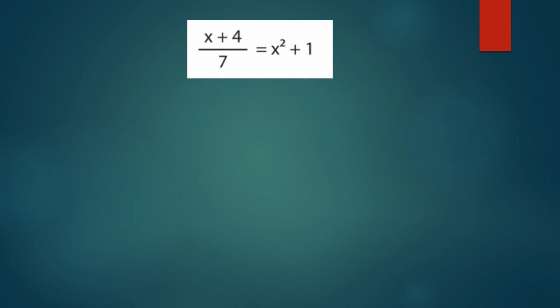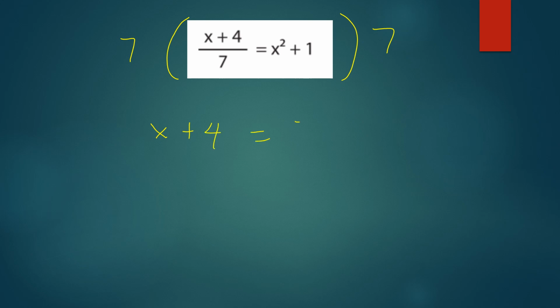Same as the previous, we have values of a, b, c which are not integers. So to get away with that, we need to multiply both sides by 7. So this is solving rational expressions, a rational equation. If we multiply this by 7, we will have only x plus 4 here.